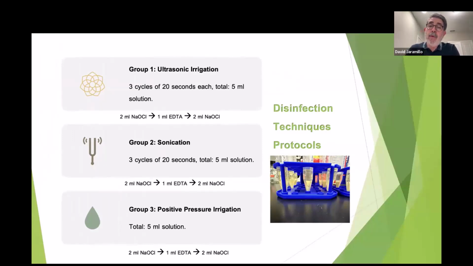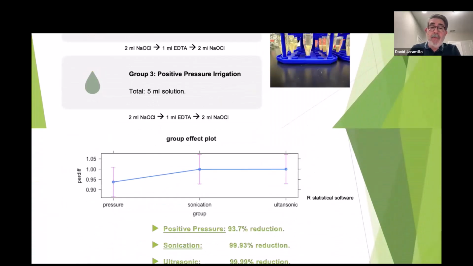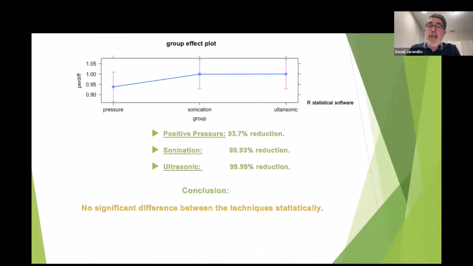So we wanted to be sure that those root canals were well infected. We standardized the size of the root canal, the amount of solution, and how we did each one of the protocols. At the end, the statistical analysis showed that there is not a big difference between the three techniques.